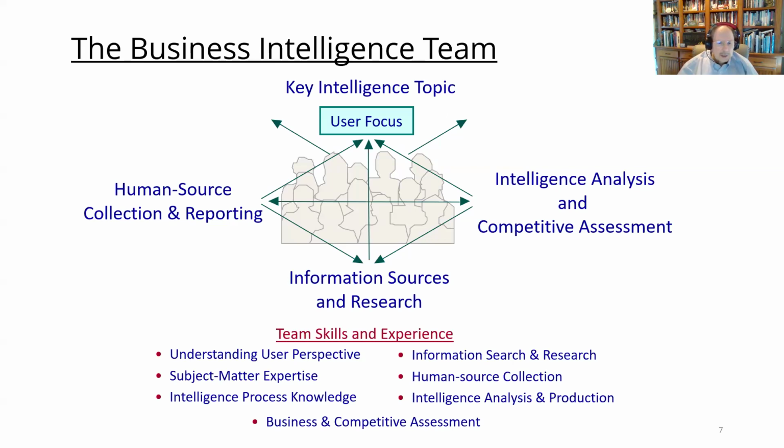If people haven't done intelligence work, usually you have to cobble together all of these skills from a group of people to be able to do human source work or to do intelligence analysis or to do a competitive assessment. So that's why this is kind of an ad hoc kind of organization structure.